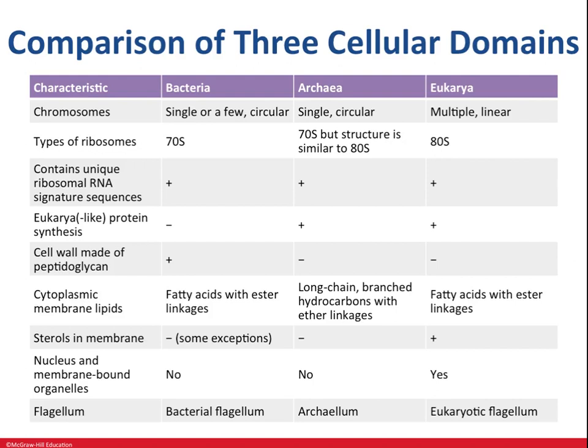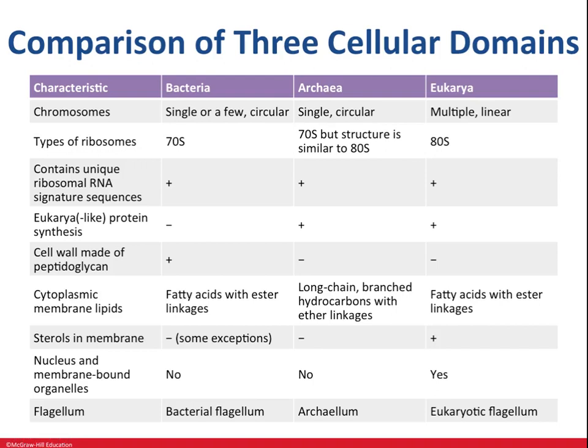However, bacteria and archaea are very small and don't need much genetic information, so they have a single or few chromosomes. Their chromosomes are very short and circular.